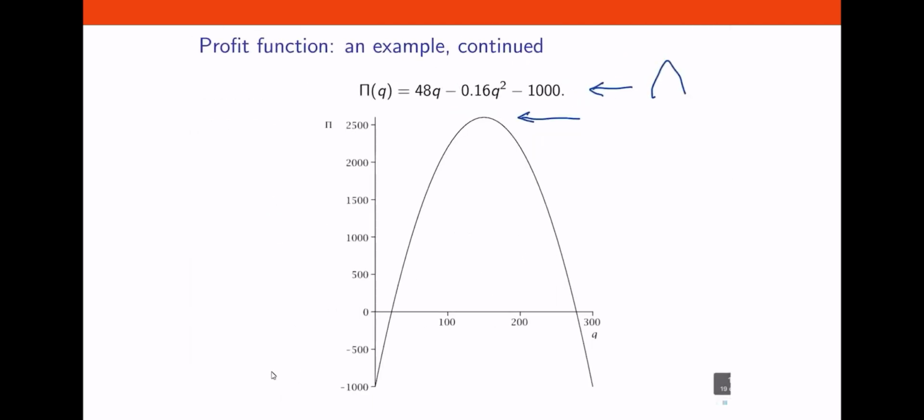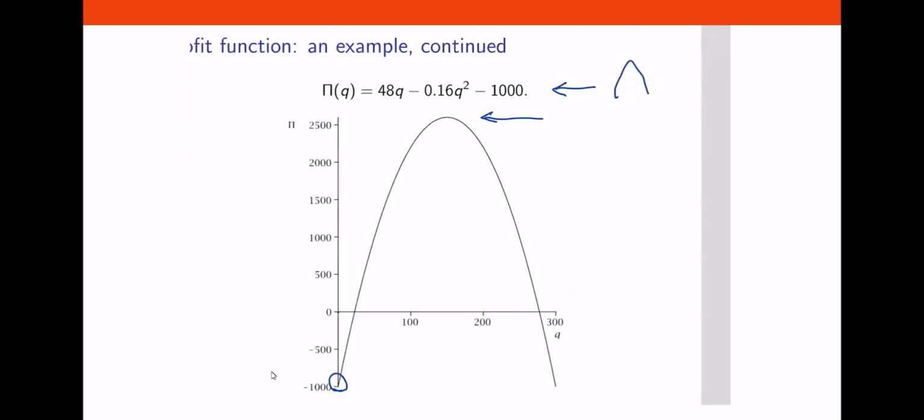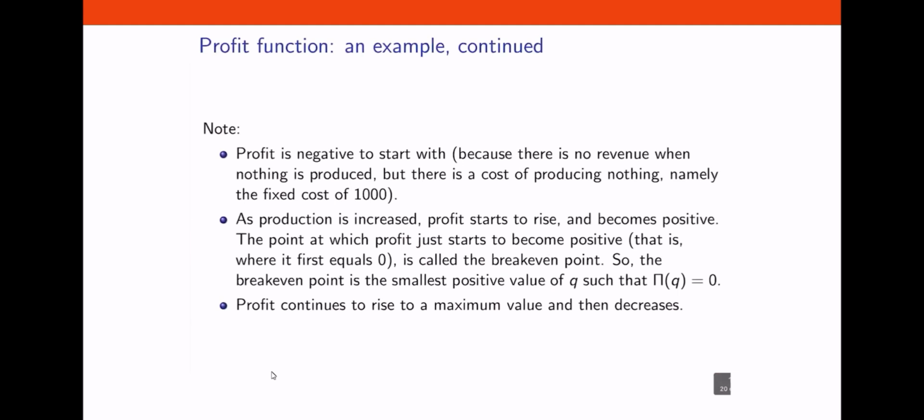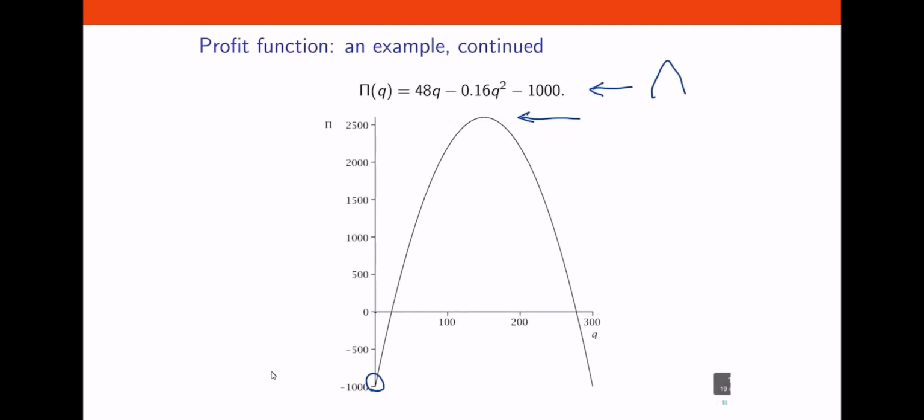So when the production level is 0, when Q is 0, the profit, which is the total revenue of 0 minus the total cost, which is the fixed cost, will be a negative number. As production is increased, the profit starts to rise as we go up the curve.